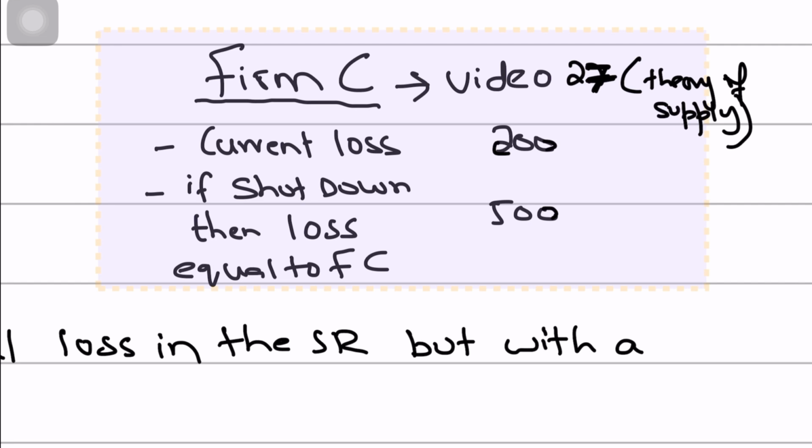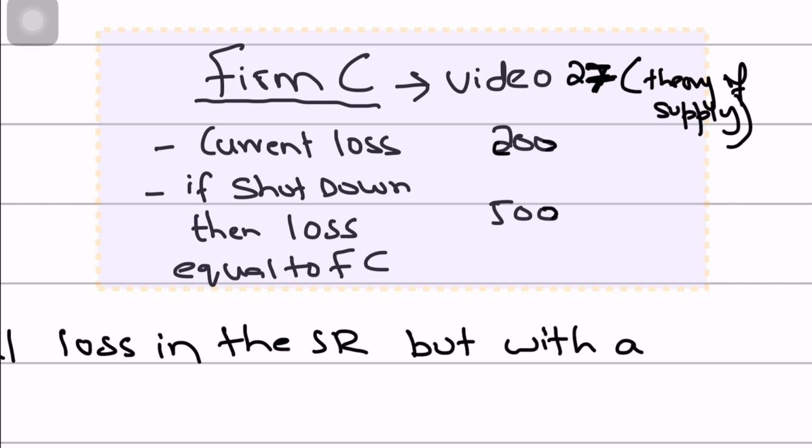But the economics behind that is that there's no reason for the firm to shut down, because by producing, the firm was earning a contribution of $300, and that $300 was contributing to the payment of fixed costs, and that is why only 200 was being incurred, or the owner would only have to pay 200 from his pocket.